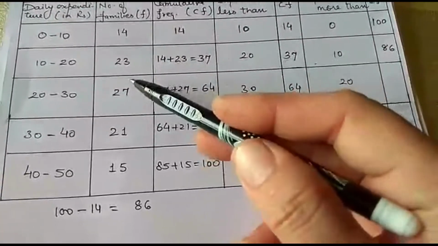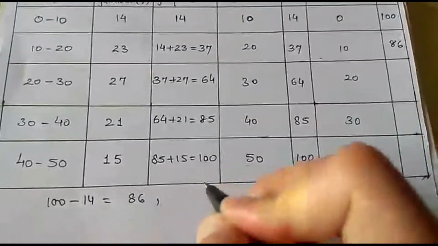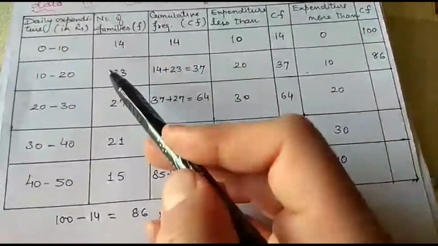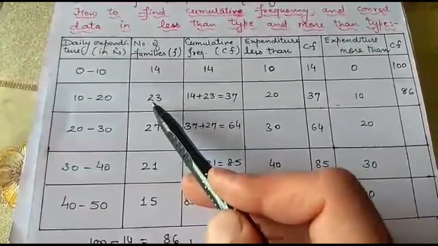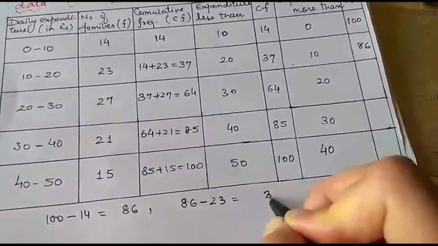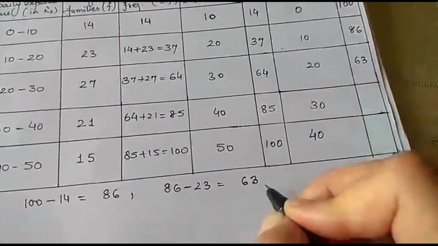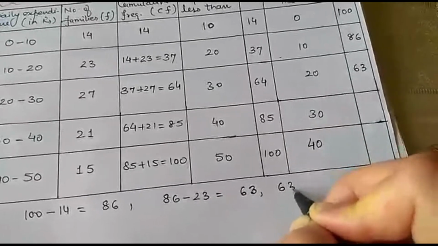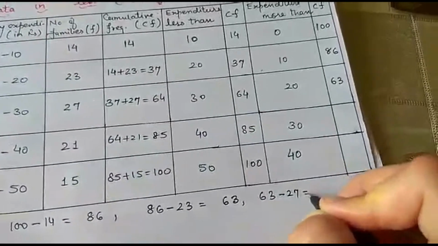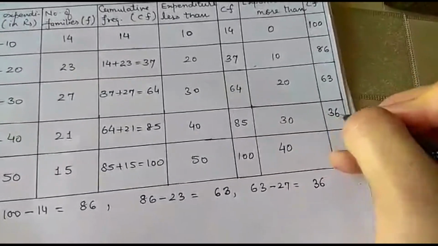So more than 20, these will be considered, so in that case you subtract the frequency of the second class, the 10 to 20 class, so it will come 63 here. Next, similarly, 63 minus the next, 27, so 36 will come here.